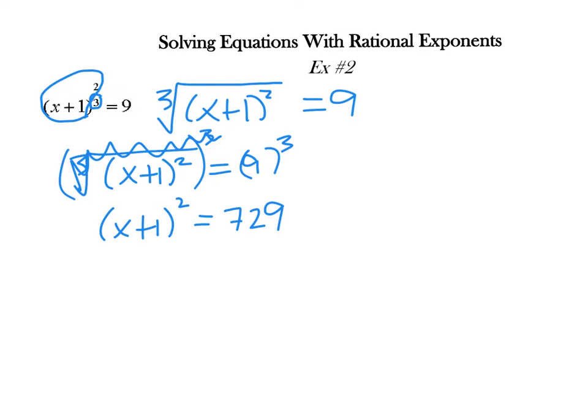Now, to get rid of this square, I want to do the opposite of squaring, which is square rooting. So I'm going to take the square root of the left and the square root of the right. The square root and the square are inverses, so that cancels, leaving me with x plus 1 equals the square root of 729, which is actually going to be 27.